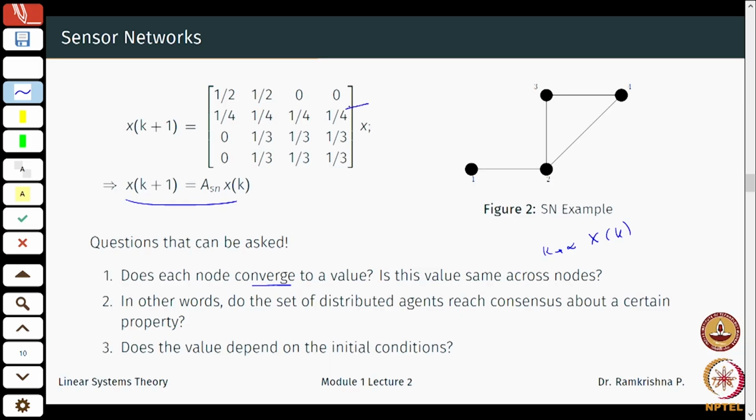Does this matrix have any hidden information? One way is to look at this matrix and keep on computing, say with a powerful computer, let us compute A power 100, A power 200 for example, and see whether it reaches a consensus value or not.